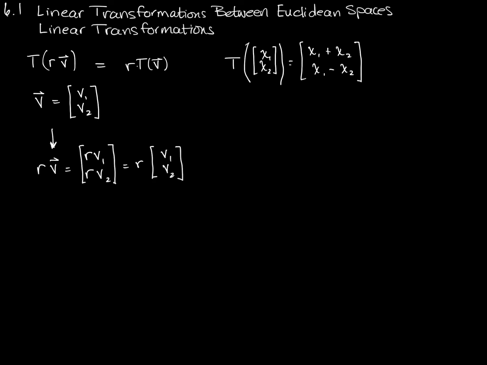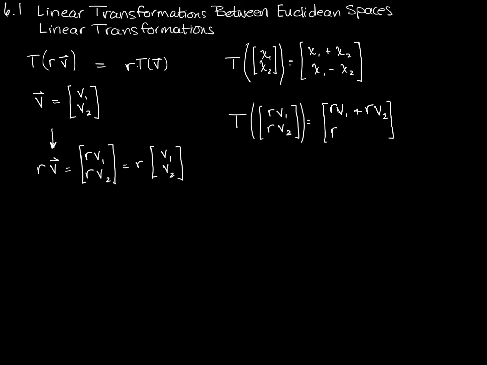So now what I want to do is test the transformation of this new vector, RV1, RV2. According to the definition, I'm going to get the first component, which is RV1 plus the second component, RV2, for my first component in the transformed vector.